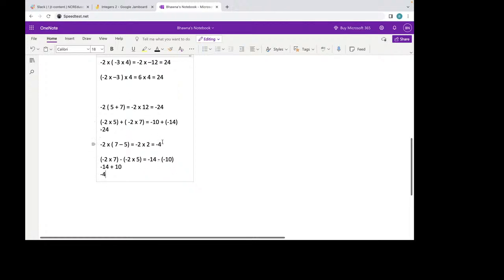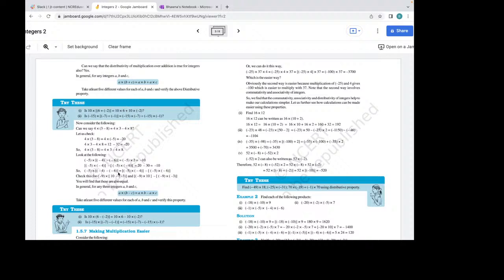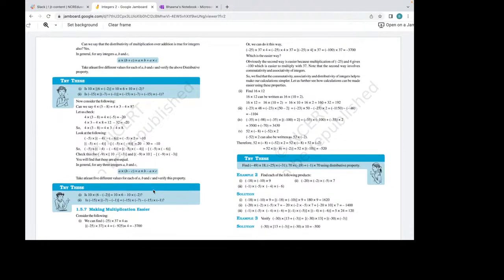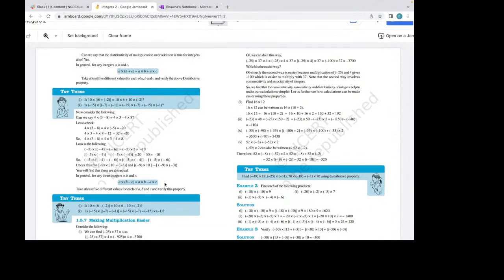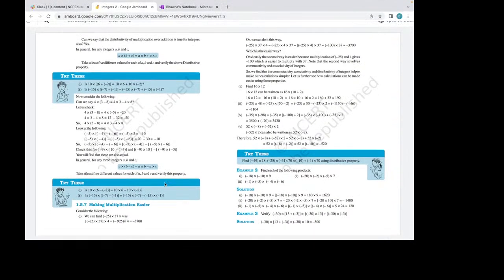I have got minus 4 here as well, and minus 4 here as well. So in this case as well I have verified this property. That clearly verifies that integers follow the distributive property for multiplication.